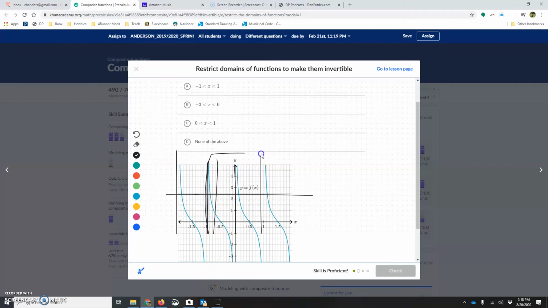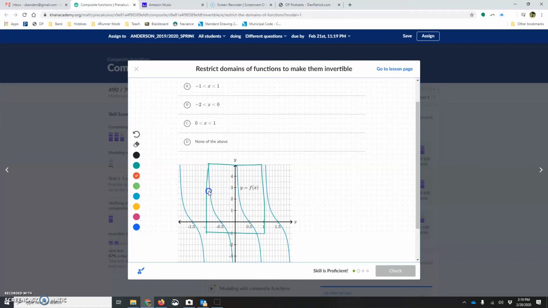So in this box, let me erase this and start fresh. This looks all sloppy. Okay. So the first one says from -1, which is here, all the way up to 1. Now, in theory, this would actually go all the way down, but I can prove my point without going all the way down.